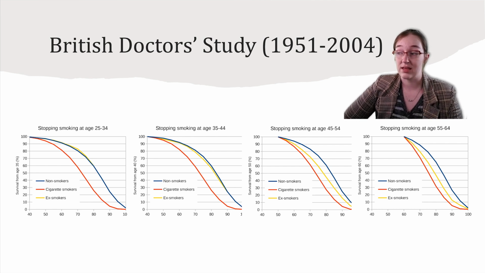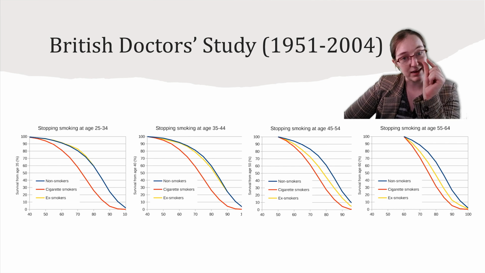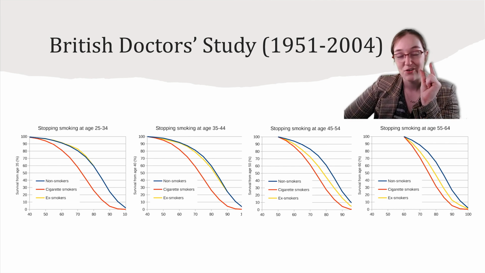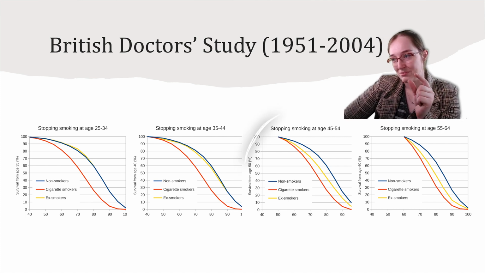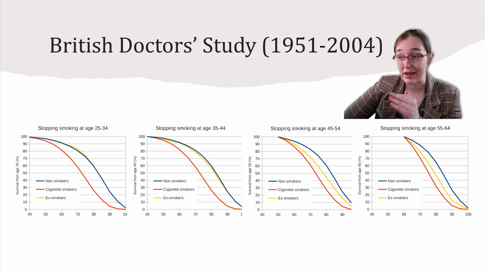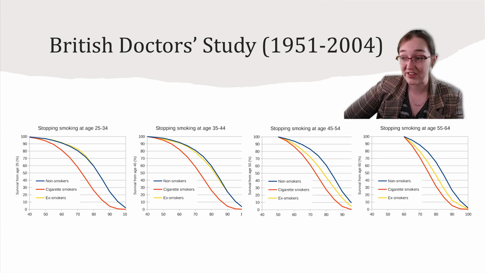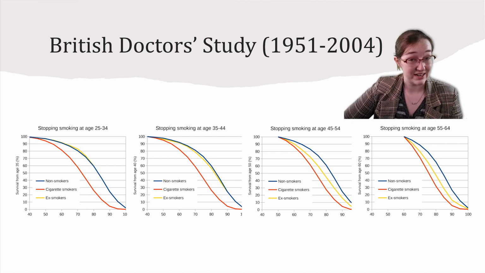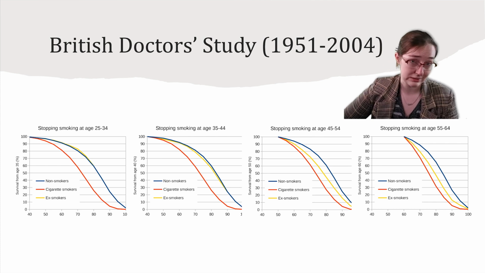And the later and later you stopped smoking, the wider and wider the gap between non-smokers and former smokers becomes. It's not a lot of daylight up until age 45. However, even if you stopped smoking by your mid-50s, the damage was done. Your likelihood of survival drops compared to non-smokers.